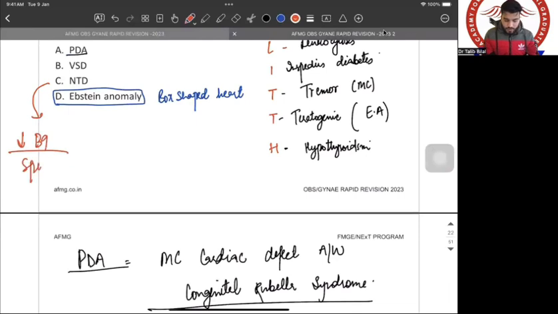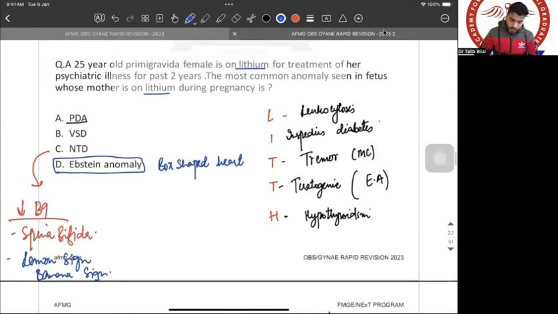The most common neural tube defect is spina bifida. The signs in spina bifida are the lemon sign and the banana sign, seen in the cerebellum. And the most common spina bifida, with a hairy patch, is spina bifida occulta.